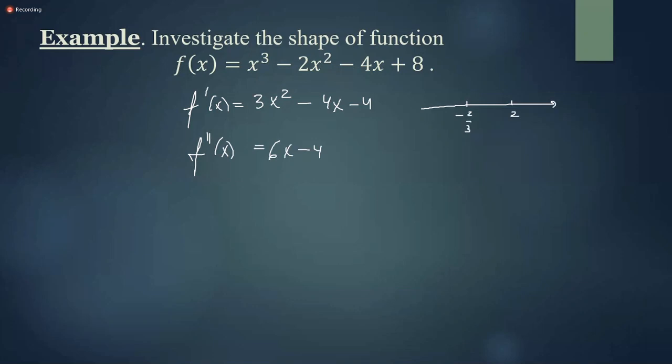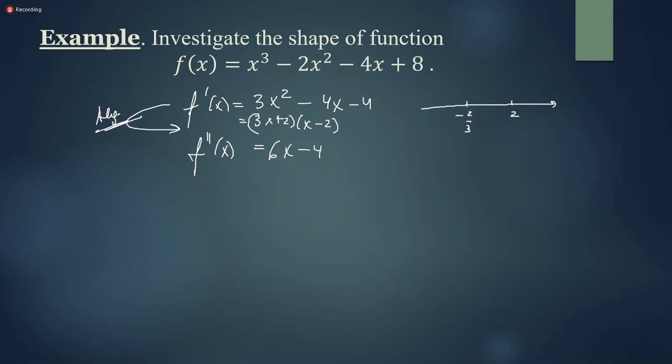We see that for large x values, this would be positive. We can factorize it: 3x plus 2 times x minus 2. I am skipping that part and doing things very quickly because this is an algebra skill that you had in elementary mathematics.